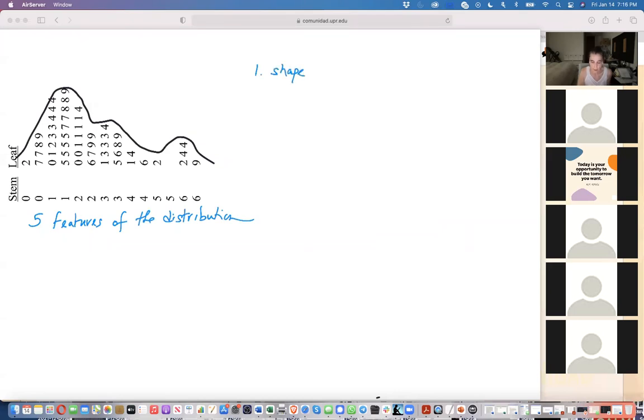You need to comment on the shape of a distribution. What shape is this? Is it symmetric or skewed? And if it's skewed, is it skewed right or left?